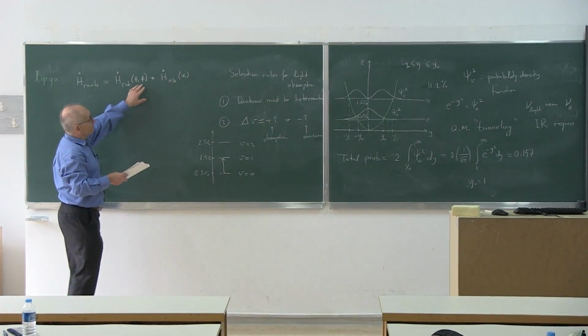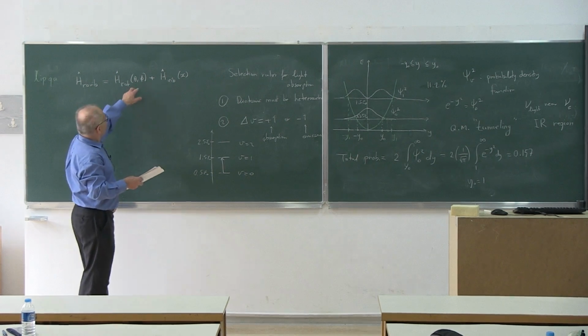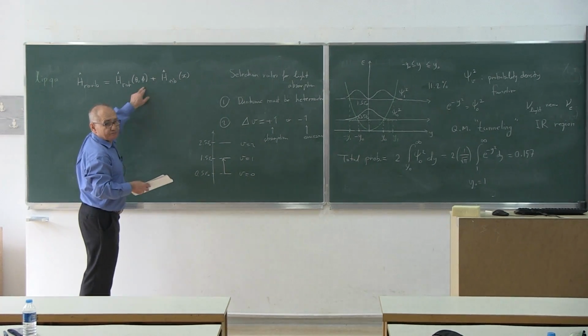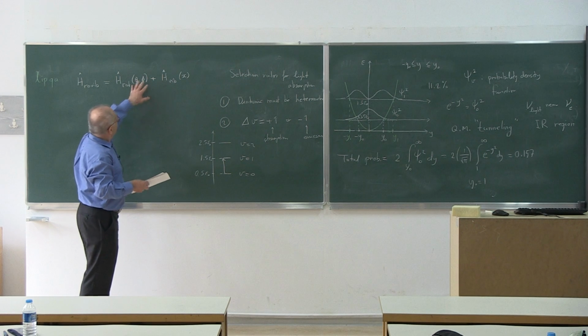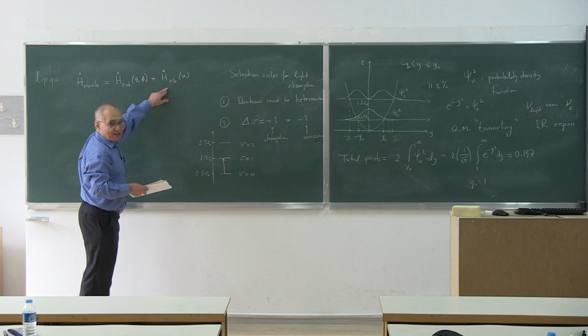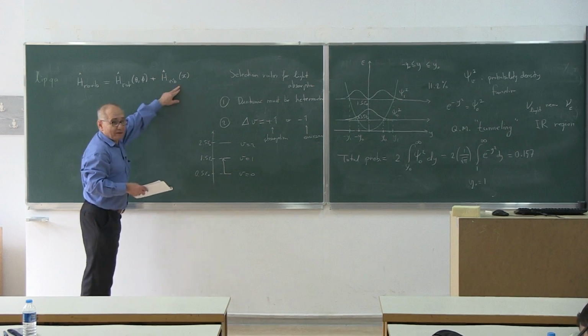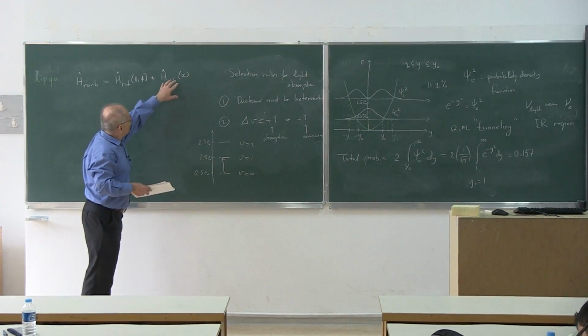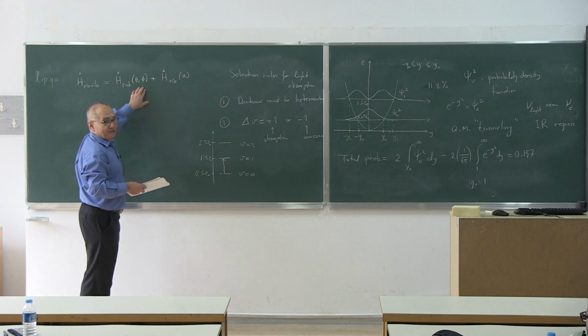Now, the structure of this Hamiltonian is that there are 2 terms. One term contains the variables theta and phi. The second term contains the x variable. And the variables in this part are not present in that part.